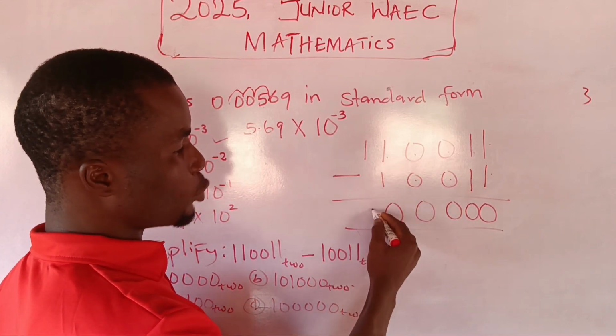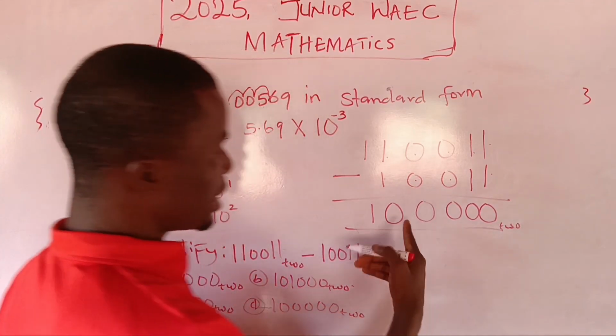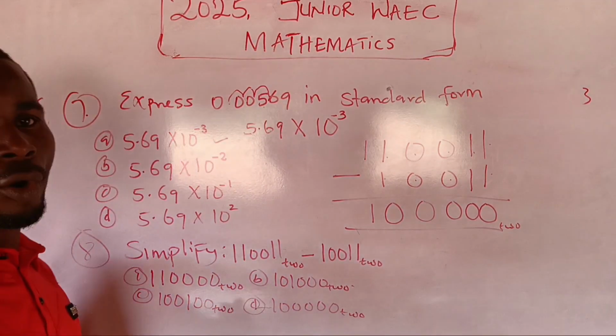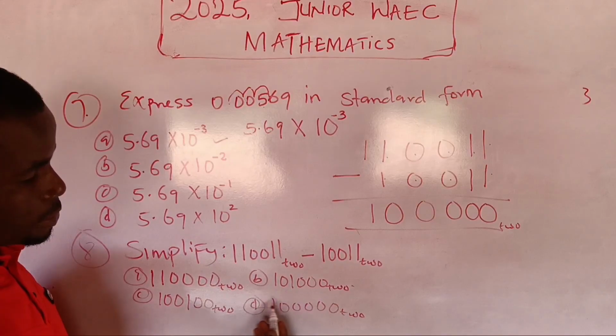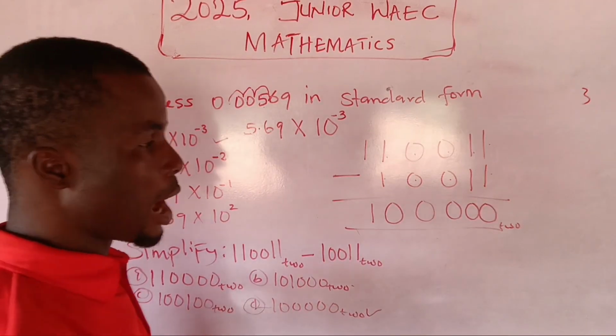And we are left with 1. Base what? Base 2. Let's check the options to know the correct answer. The answer is option D. So this is our answer.